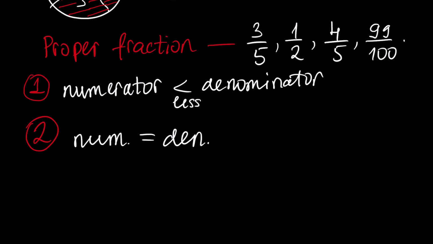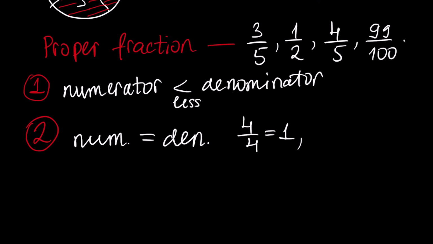In this case, for example, 4 over 4, it will be 1. We just have to divide numerator by denominator, and 4 divided by 4 will be 1.